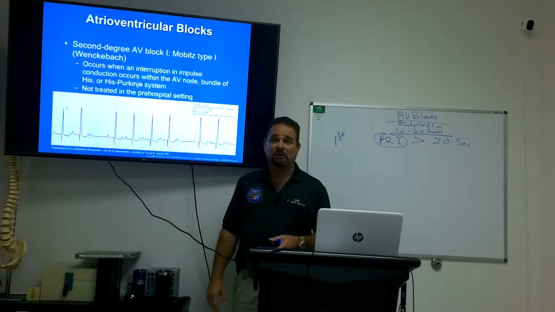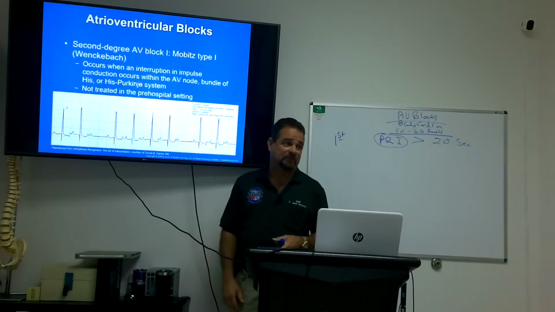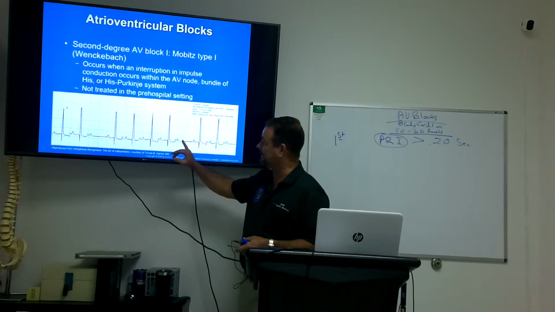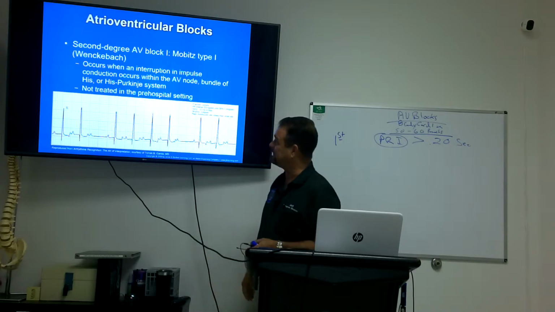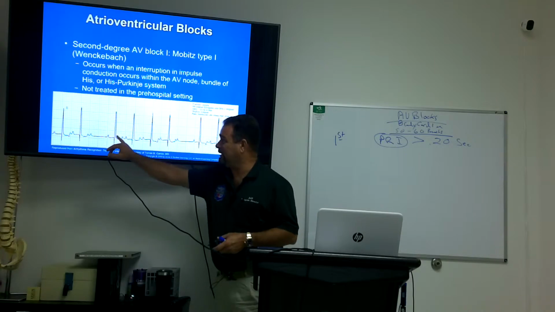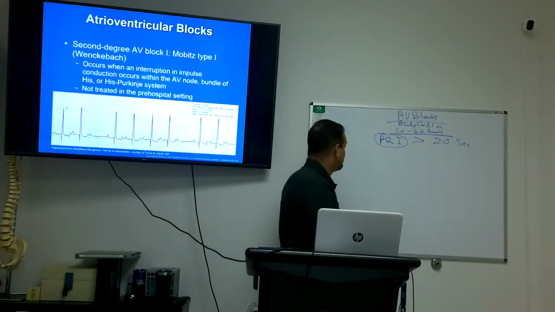Depolarization was interrupted and did not happen because the impulse got so delayed it couldn't generate a response. So again, PRI progresses until a QRS drops. I want you to remember that.